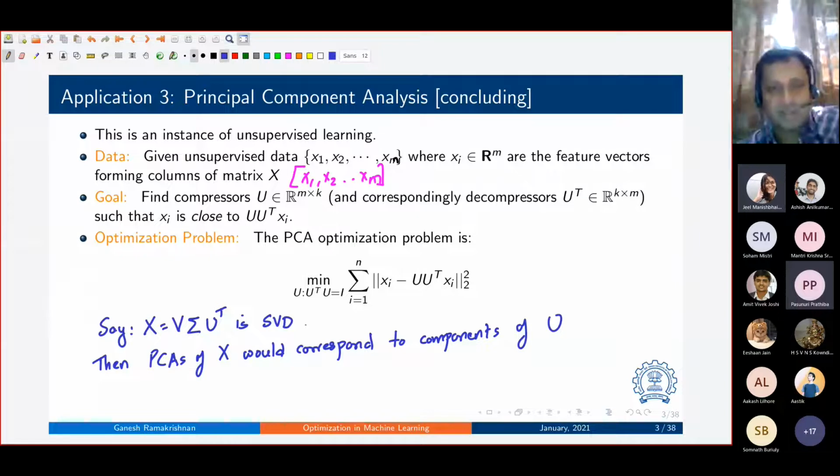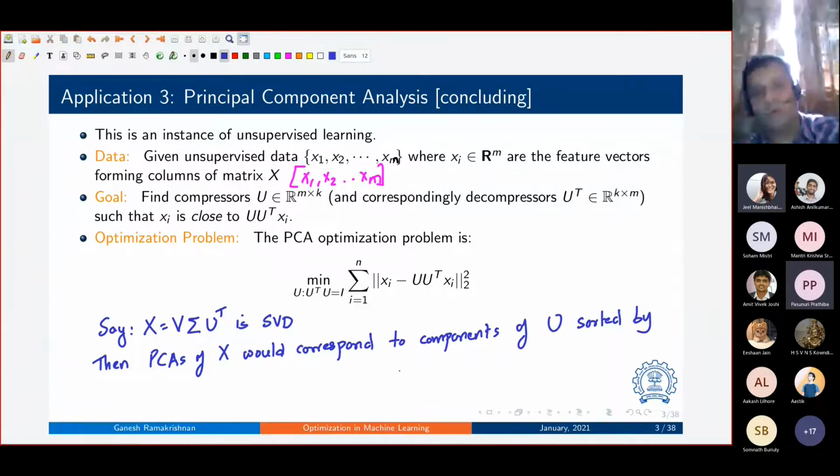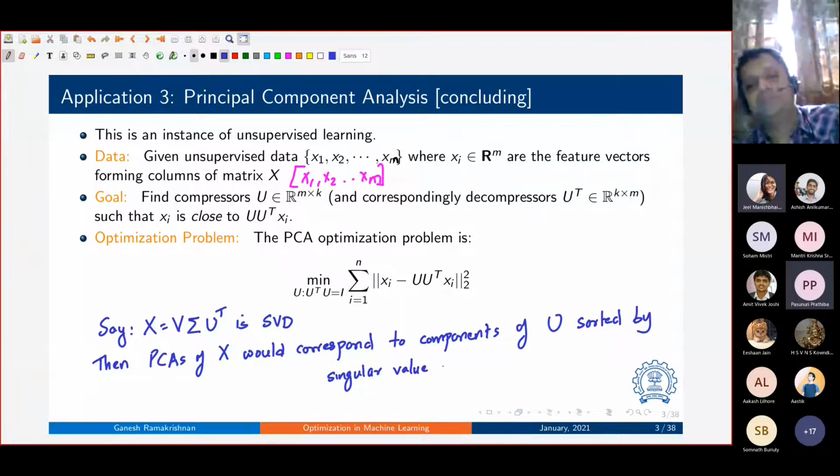So this U sorted by, so we are talking about the kth principal component sorted by what? Decreasing order of the squares of the singular values. Right, singular value squares, which are there in sigma square.